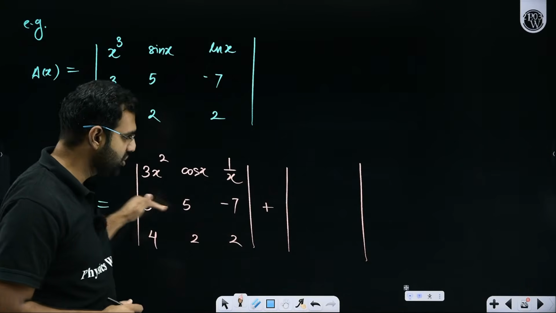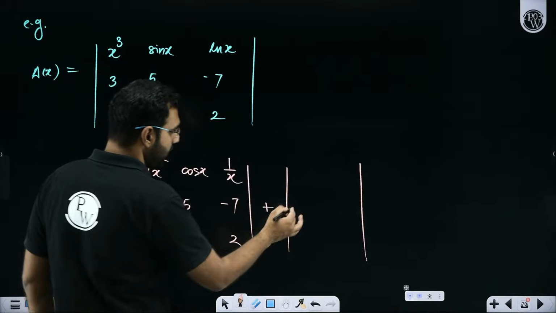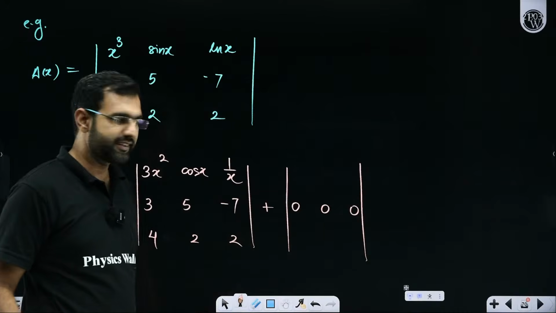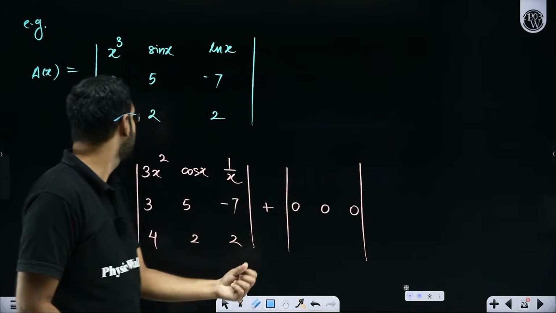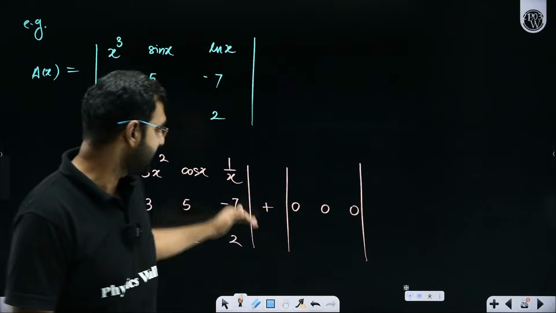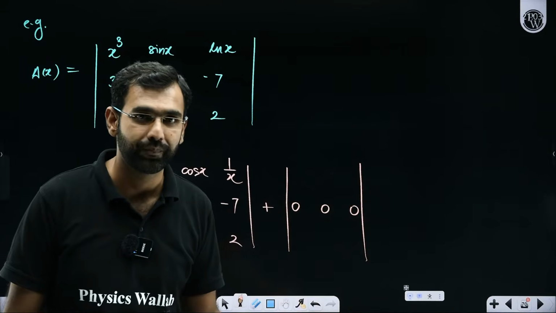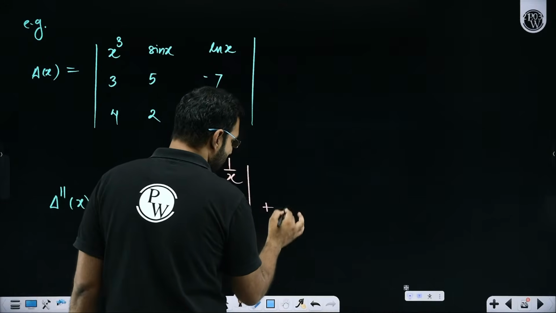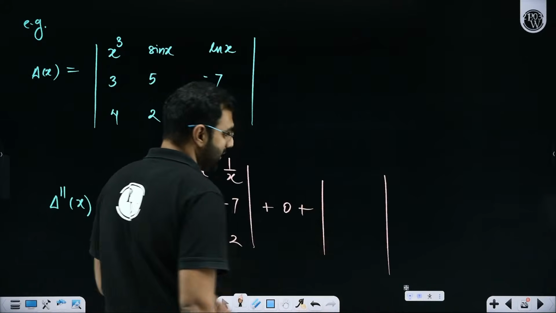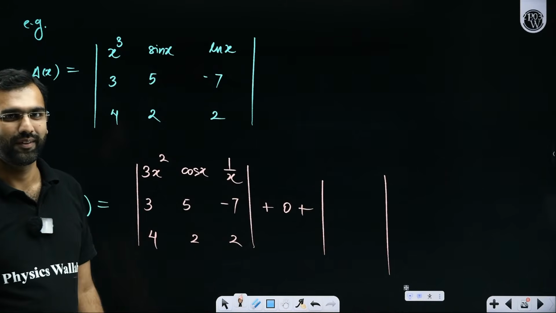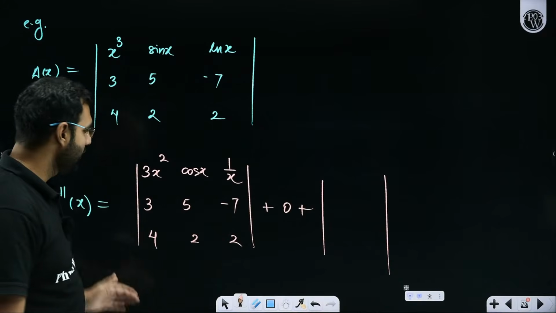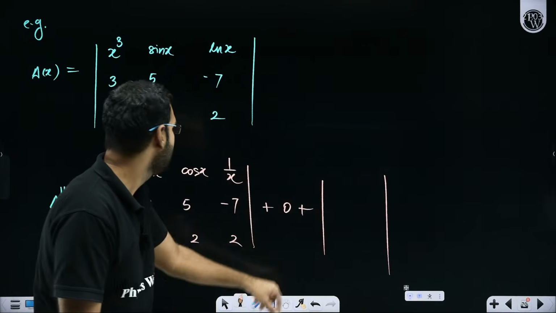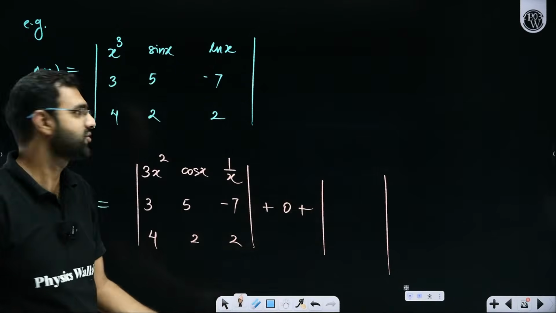So now differentiate the second row. Second row has constants. So second row when differentiated gives you 0, 0, 0. Other elements I'll keep as it is. I mean, here I'll have x cube, sin x and ln x, 4, 2, 2. But if a determinant has any row or any column with all elements 0, it will be 0. So I don't have to write it. Similarly, if I talk about the third row's derivative, I differentiate the third row while keeping the first and second row intact. So first row is x cube, sin x, ln x, second row 3, 5, minus 7, but third row has constants 4, 2, 2.